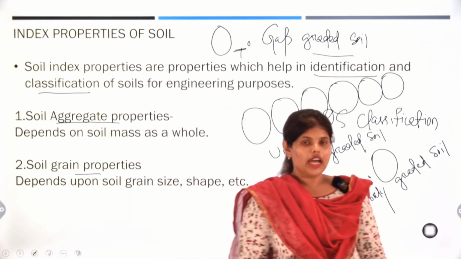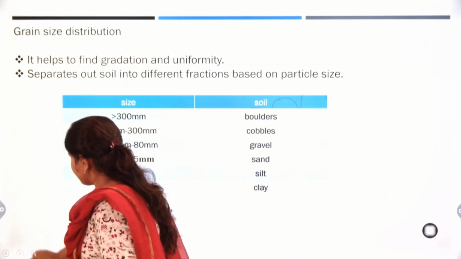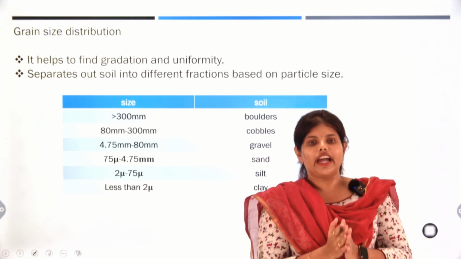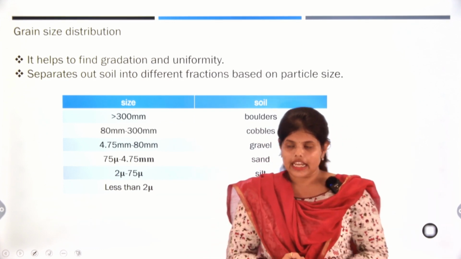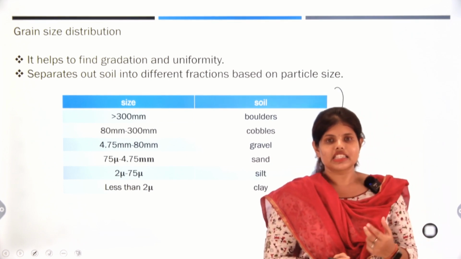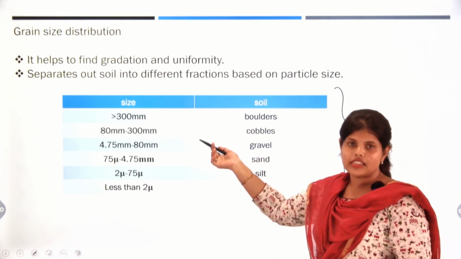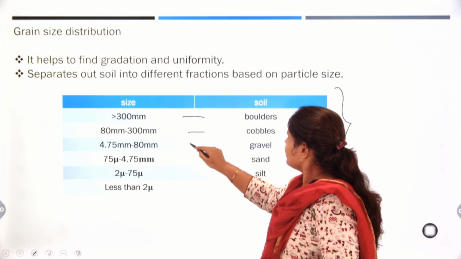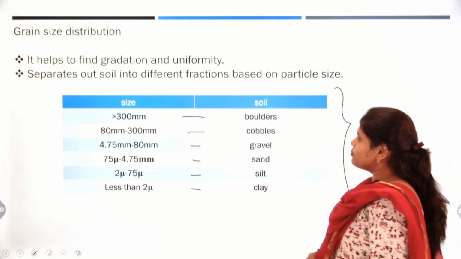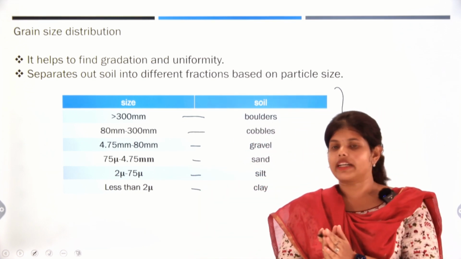Now we will discuss grain size distribution, which helps to find gradation and uniformity. Here is the size chart of different sizes of soil. According to their size, we have given different names; it separates soil into different fractions based on particle size.